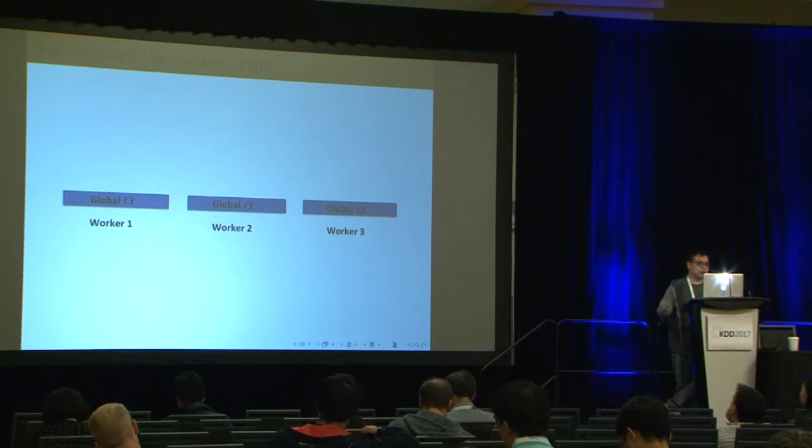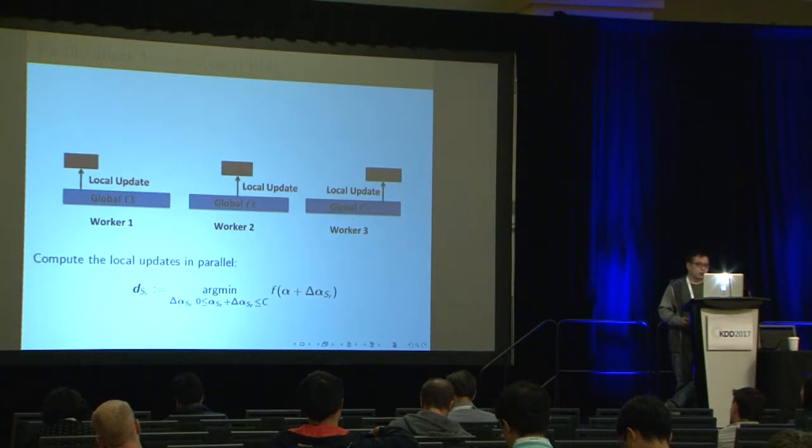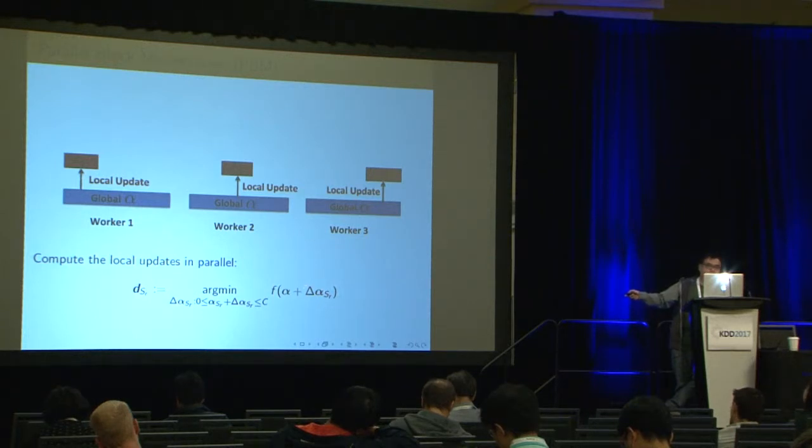So this is an illustration of our algorithm. Assume you have 3 workers. Initially, all the workers share the same global parameter alpha. And now each worker tries to update a subset of variables independently. Worker S_r will try to minimize this objective function by updating the alpha, the subset S_r of the dual variable alpha.